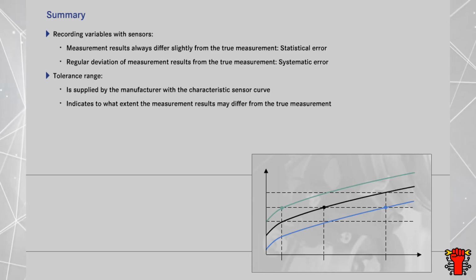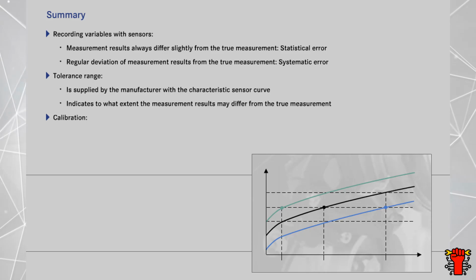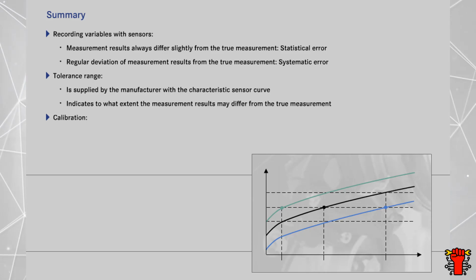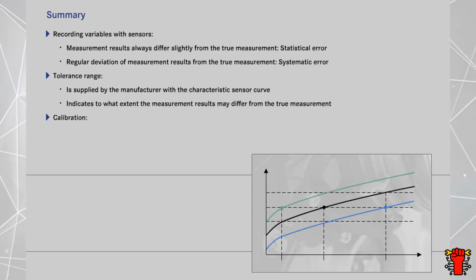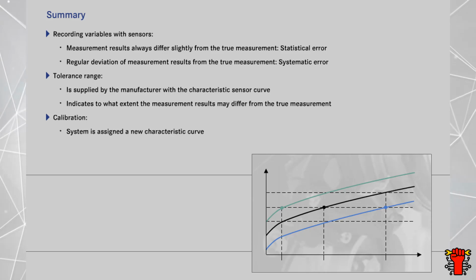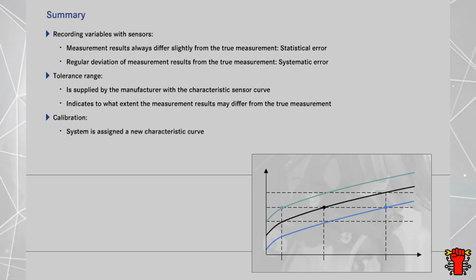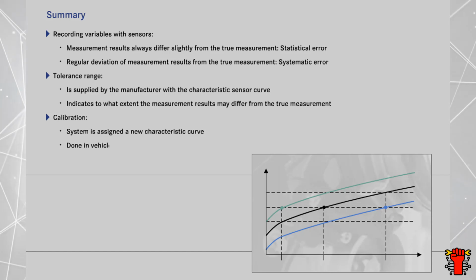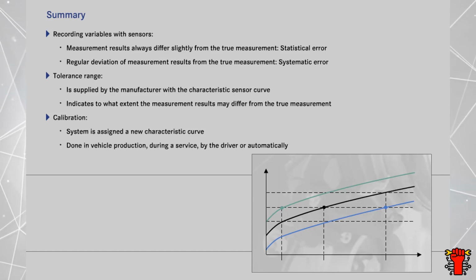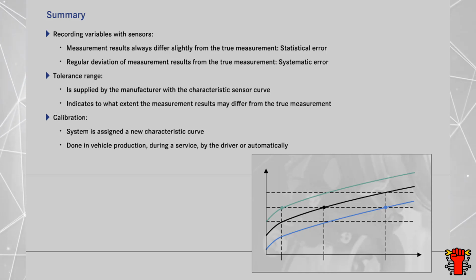If a sensor's systematic error generates system responses that are no longer acceptable, the sensor must be replaced or the system concerned must be calibrated. This process involves the system's characteristic curve being changed. Calibration can be performed during vehicle production or later during a service.